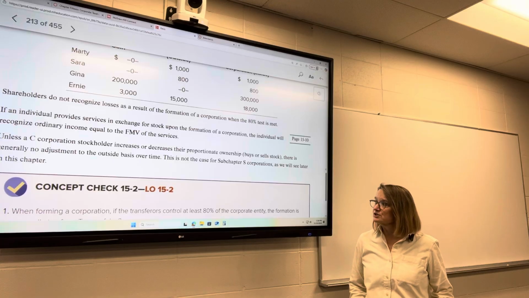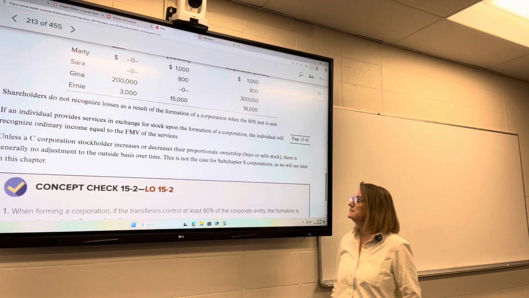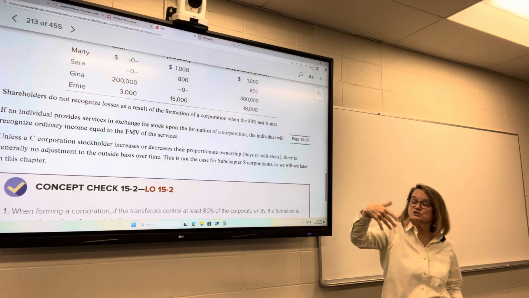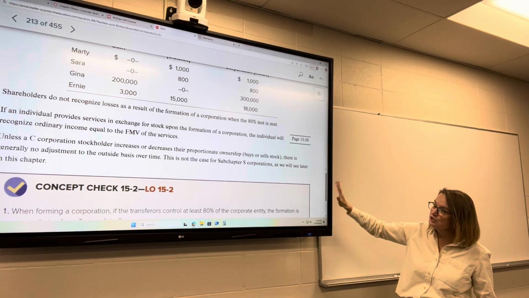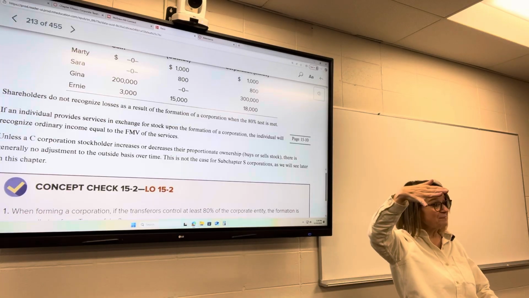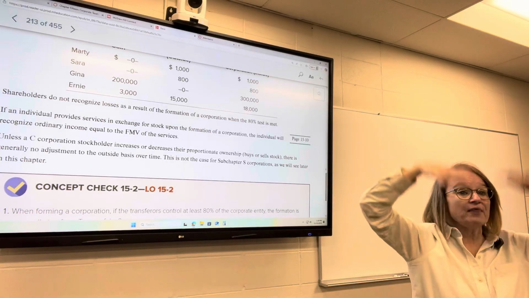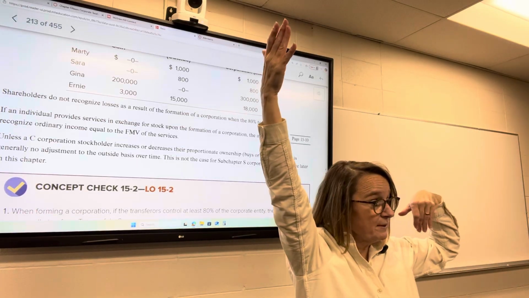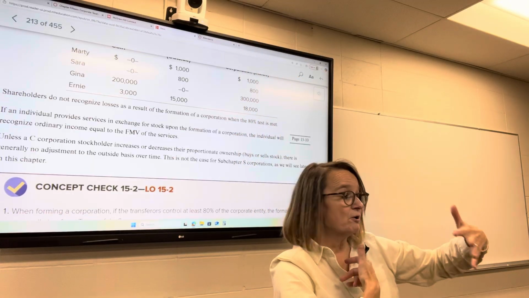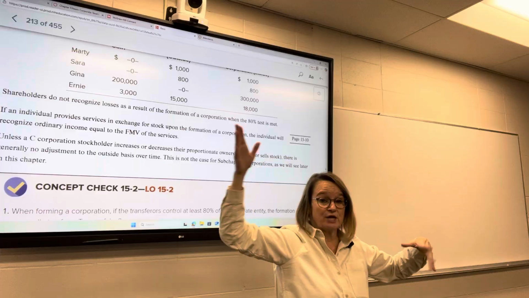Unless a C corporation stockholder increases or decreases their ownership, buys or sells additional stock, there's generally no adjustment to the basis over time. So like with our partnerships, we were increasing our basis for income from the partnership, decreasing it for expenses from the partnership. It was constantly changing.